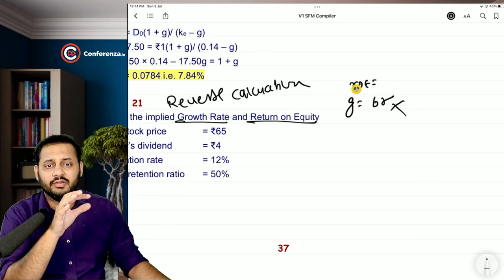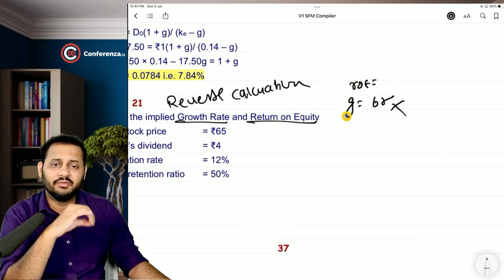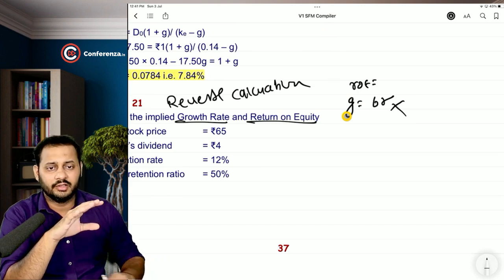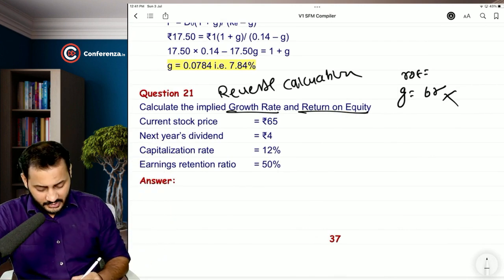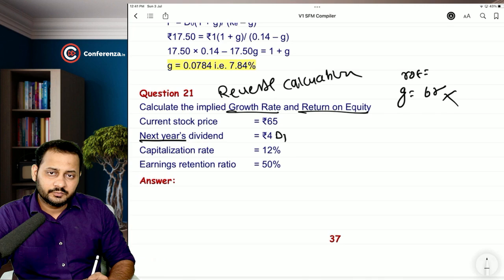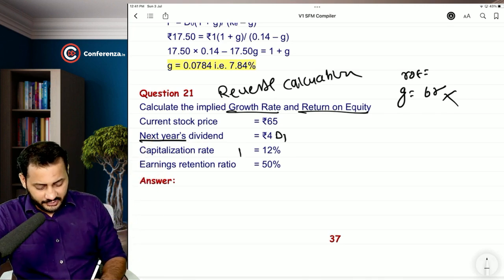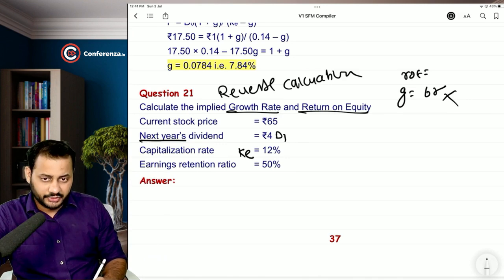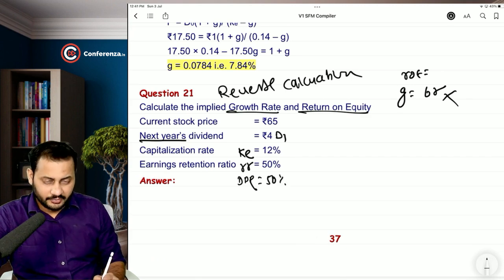Either we will first calculate return on equity and then the growth rate, and it depends upon the data. Let's say the stock price is 65, current stock price. Next year, underline the word next year, that means this is D1. It represents future dividend, right? Capitalization rate, we will call it KE. Retention ratio is 50%. See, retention ratio 50%, dividend payout ratio is automatically 50%, right?